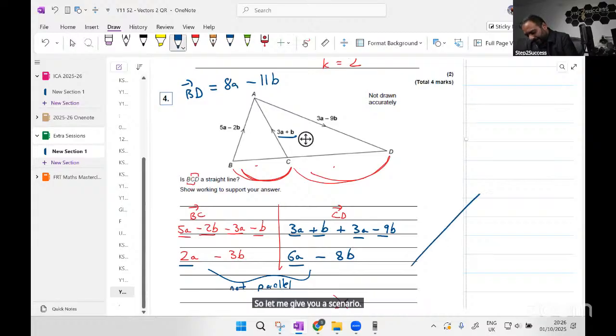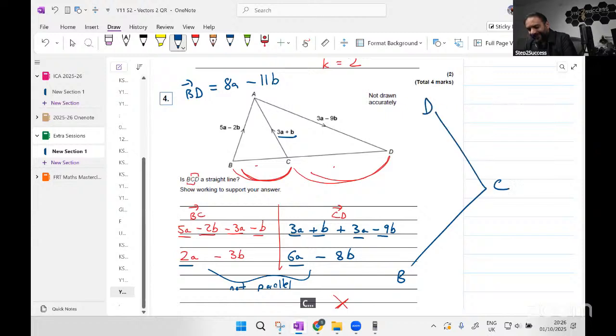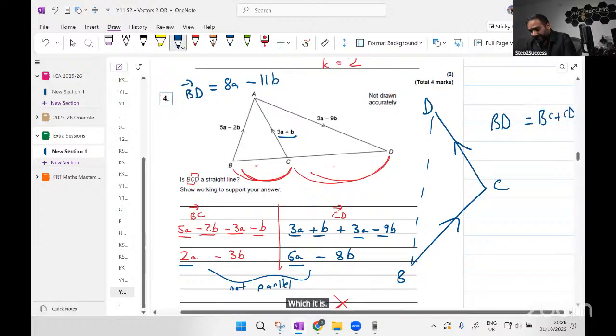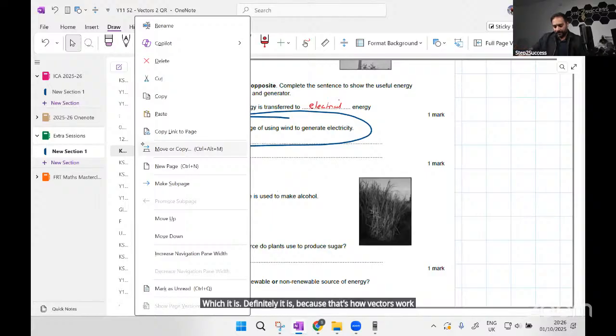Imagine this is B, C, D. So what you have just worked out is the vector B to D. And then you have shown that B to D is B to C add C to D, which it is. Definitely it is, because that's how vectors work. You've just added them together. And it does add up.